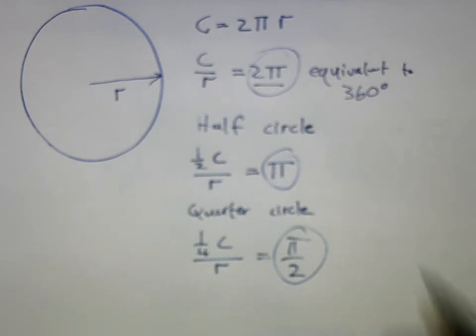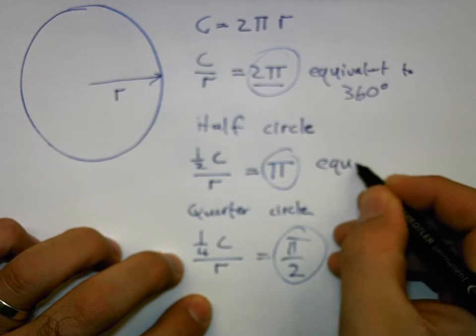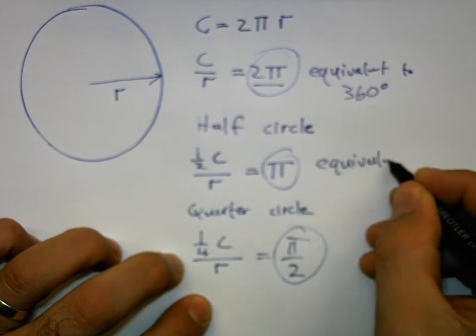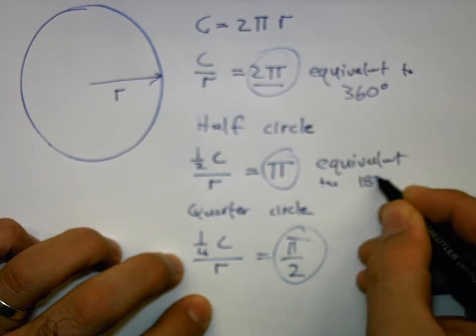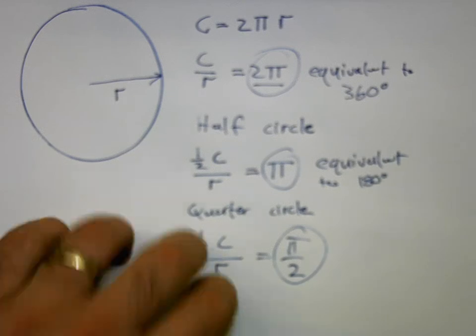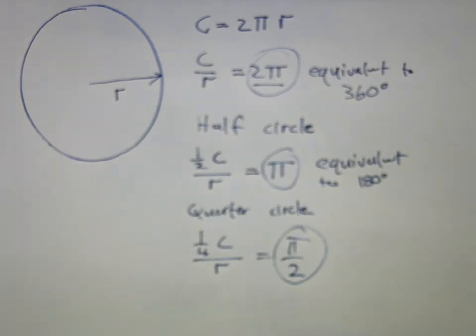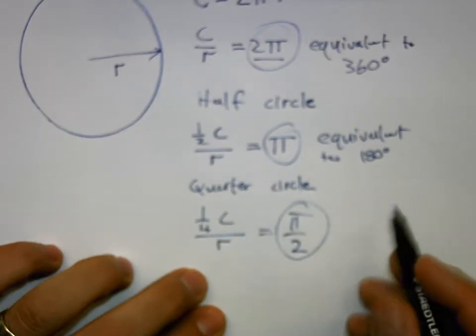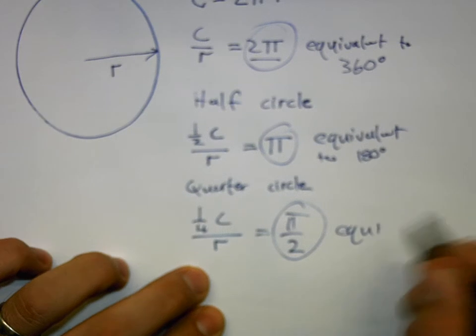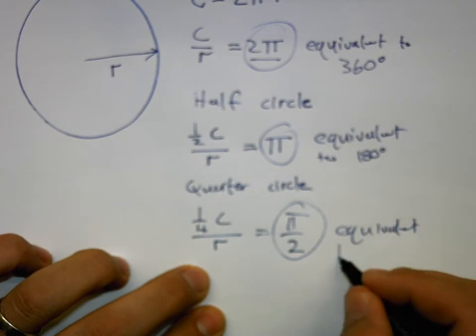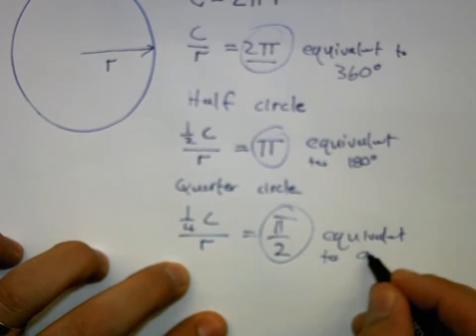For a half circle, this must be equivalent to 180 degrees. So we know if I've got half a circle, the angle that subtends that half circle is 180 degrees. Or we can say, well, that arc is somehow described by the number pi. And this must be equivalent to 90 degrees, so a quarter rotation.